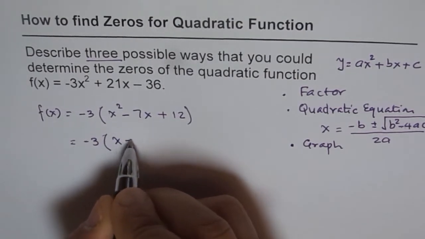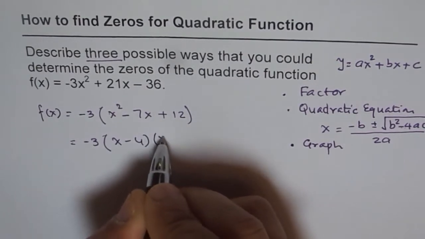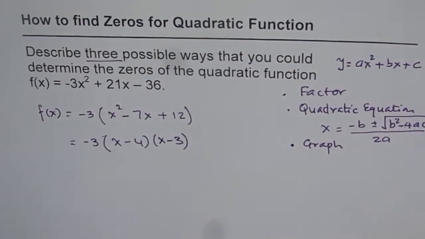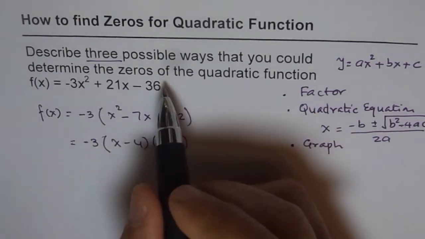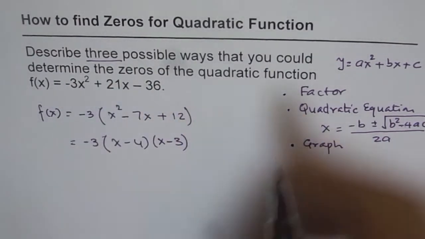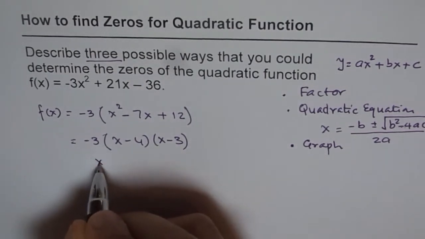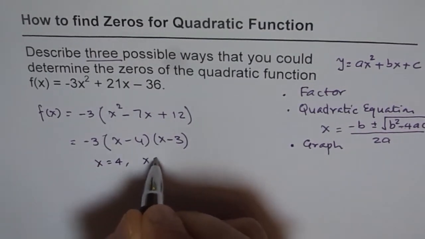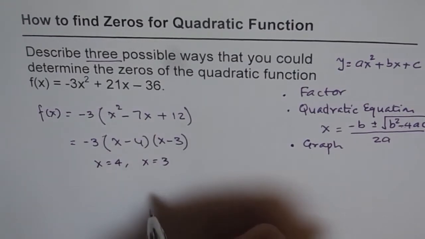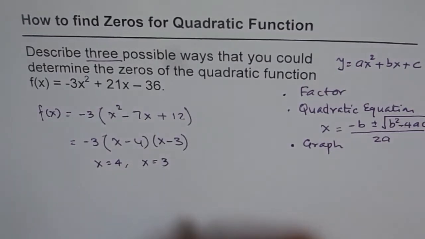We get x minus 4 times x minus 3. Now, as I said, the solution is to find zeros. So when will this be 0? This can be 0 for x equals 4 or x equals 3. So this particular equation has two possible solutions. That is one way of doing it.